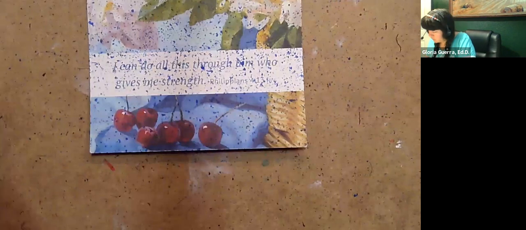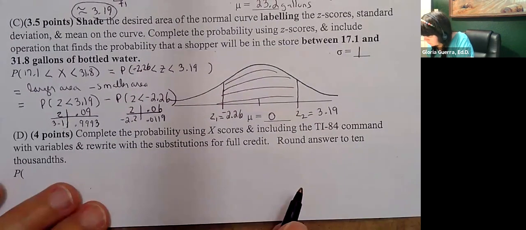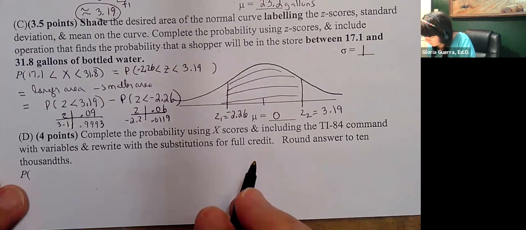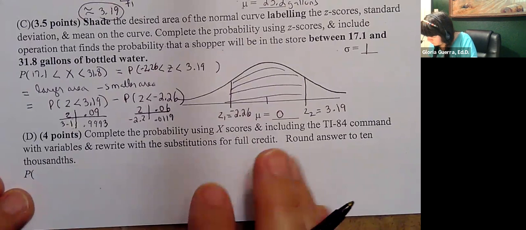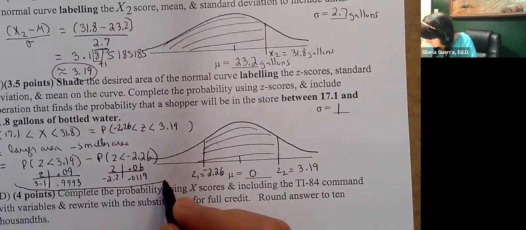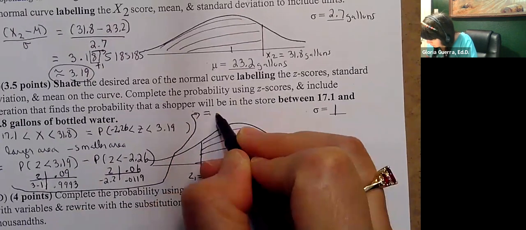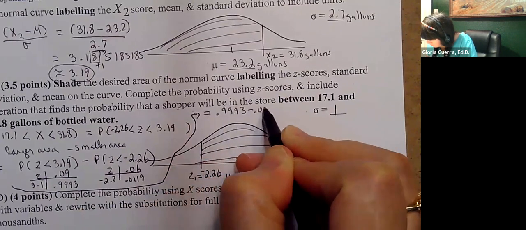Okay, so when I subtract those, I don't have much room, but let's see. When I subtract those, 0.9993 minus 0.0119.